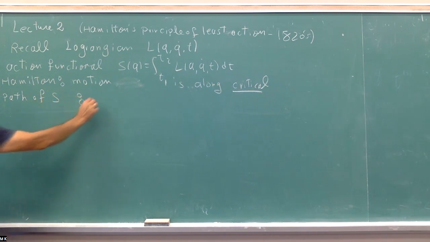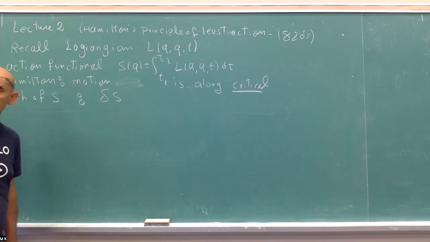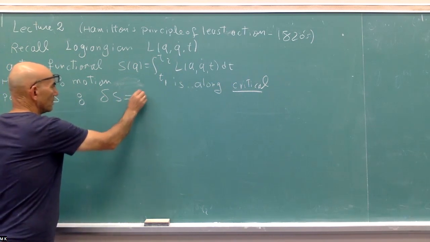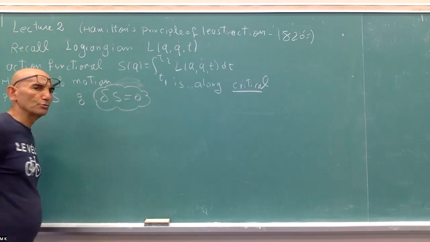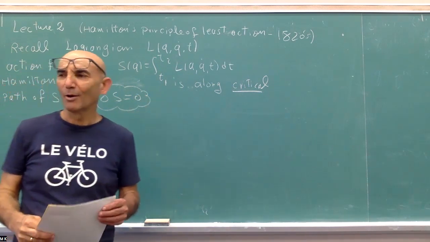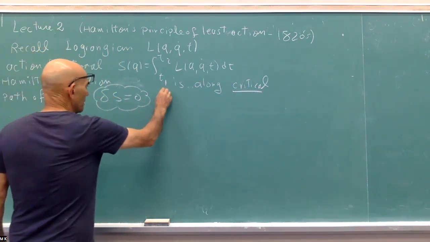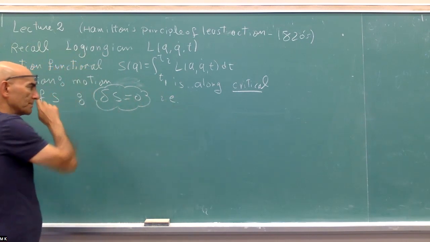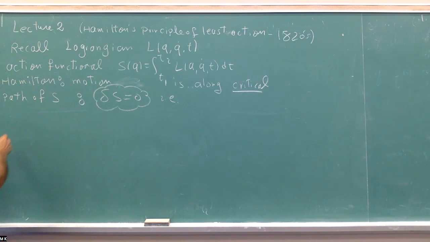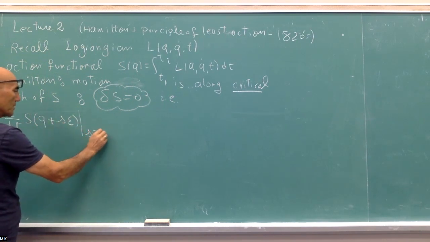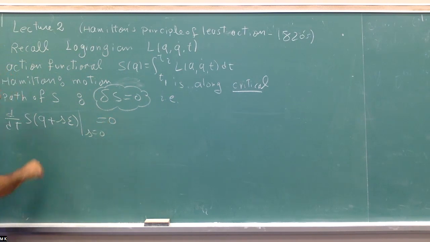So what does this mean? There is one equation which we just wrote as delta S equals 0. That's too brief. What it really means, anytime you see this equation, you should have the following in mind: that d/ds of S of (q plus s epsilon) at s equal to 0 is equal to 0.